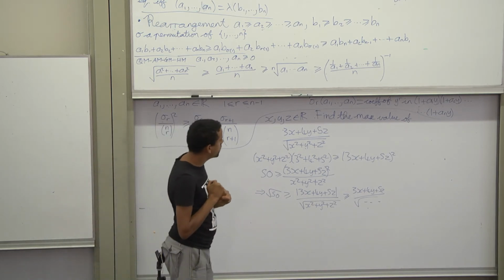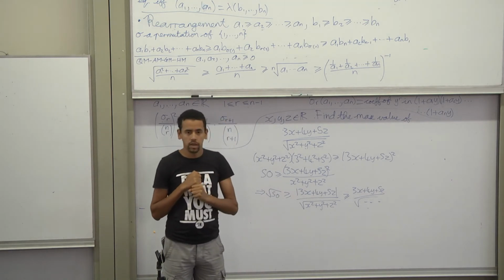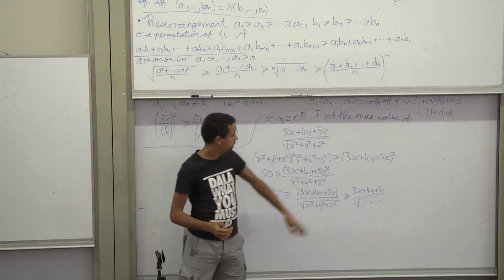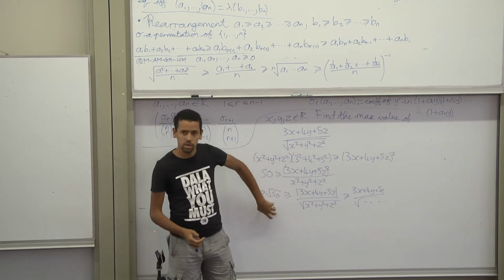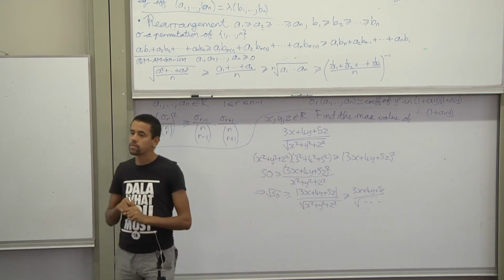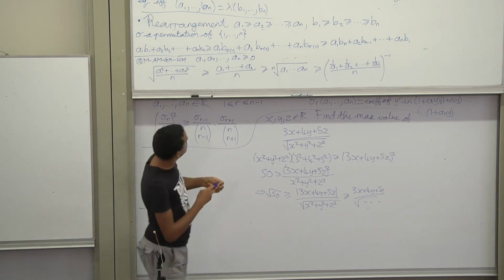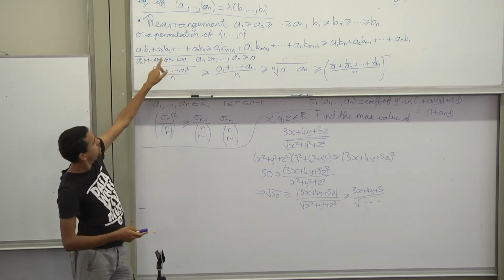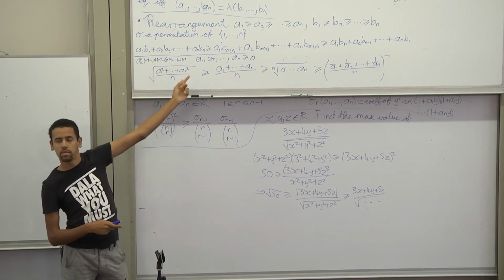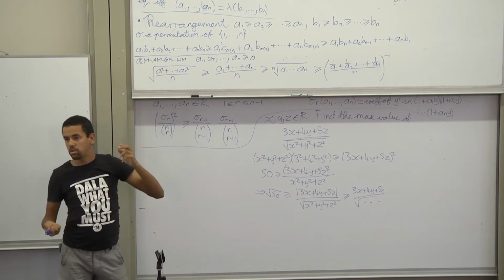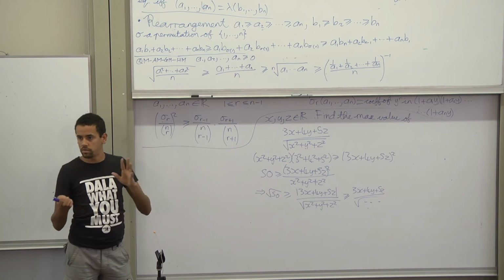So we need to find three values x, y, and z where this fraction is actually equal to the square root of 50. Yeah, we can do 3, 4, and 5, because the equality case for Cauchy-Schwarz is that one of the sequences has to be a multiple of the other. You could have a multiple with the ratio just 1.